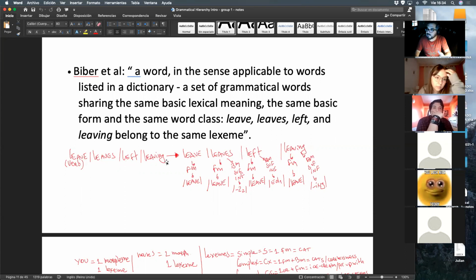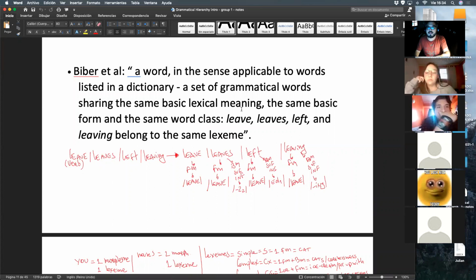But it is still the same lexeme, the lexeme leave, right? Therefore, there is a change in the form, right? They have the same basic form and the same word class, because leave, leaves, left, and leaving, all of them are verbs, right? Good.